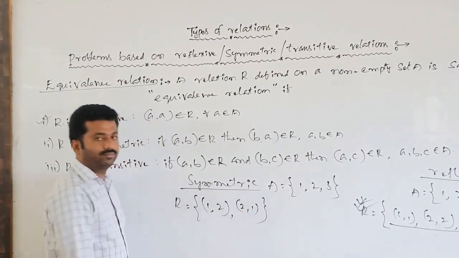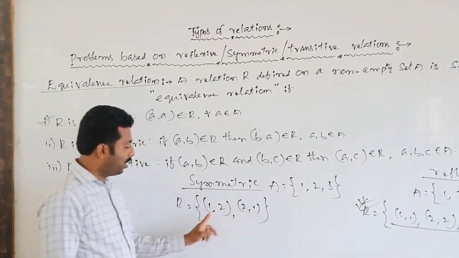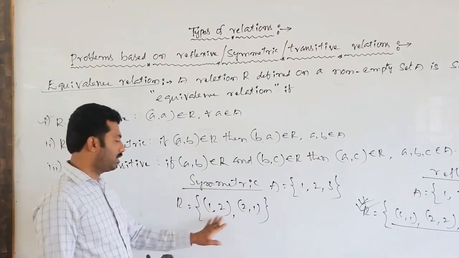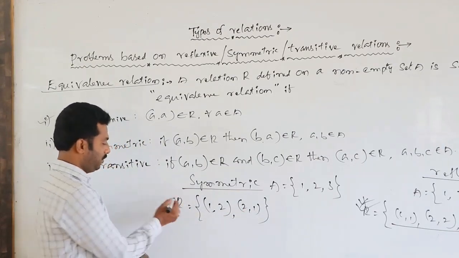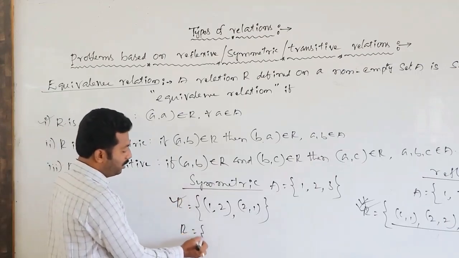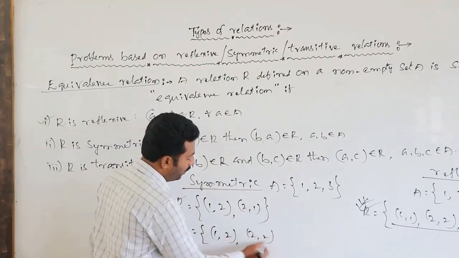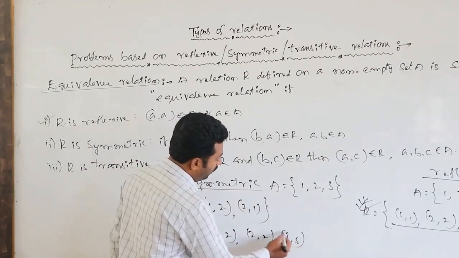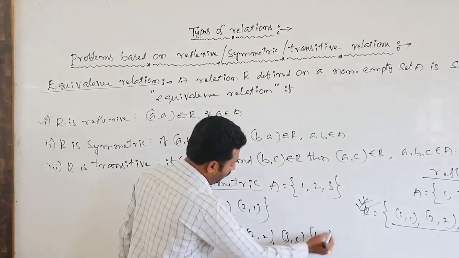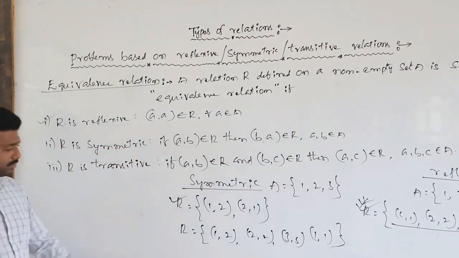Suppose (2, 1) is there, check whether (1, 2) is there or not. So clearly this is a symmetric relation. Which one is not symmetric? Just observe. Suppose (1, 2) is there, (2, 2) is there, (3, 3) is there, (1, 1) is there. Is this a symmetric relation?